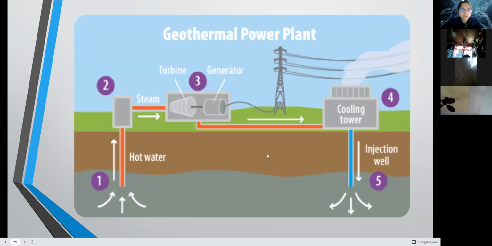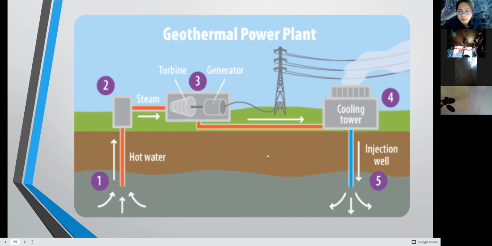The hot water from the underground powers up the steam engine, which now powers up the turbine, and the turbine moves because of the steam coming from the underground, and of course it generates what? Electricity through the generator. Now the generator is generating thousands and thousands of watts.